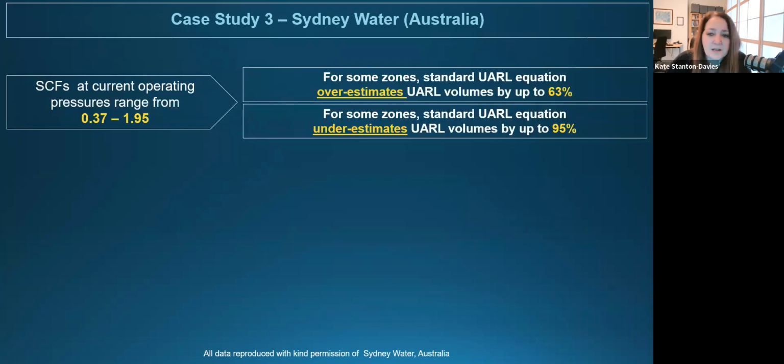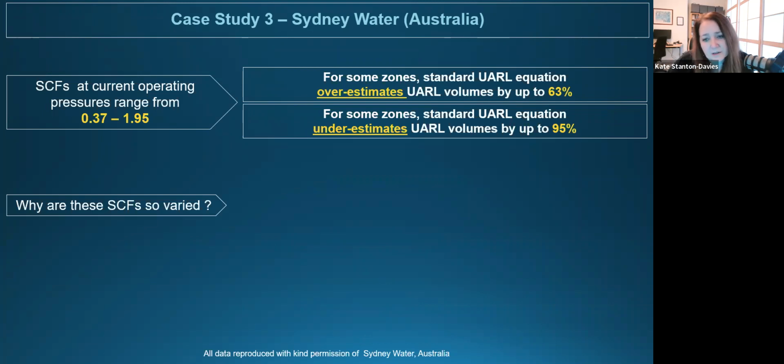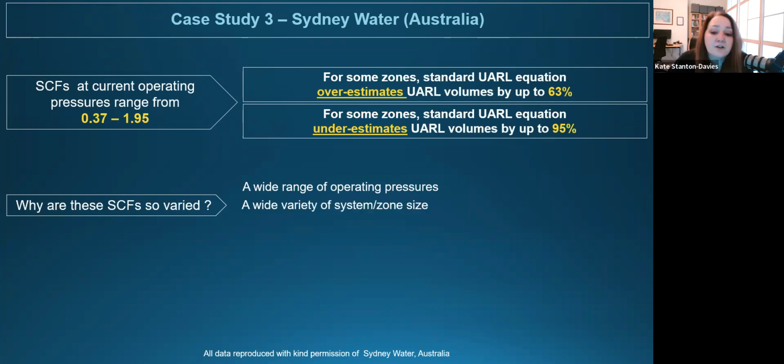And for some other zones, typically the larger, higher pressure zones, we were finding that the standard UARL equation was underestimating UARL volumes by up to 95%. Again, the reason that these SCFs are so varied is we've got a very wide range of operating pressures and a very wide range of system and zone size, mostly rigid mains and services.